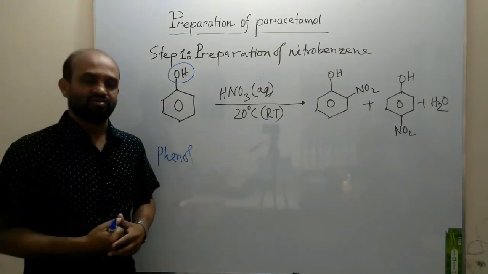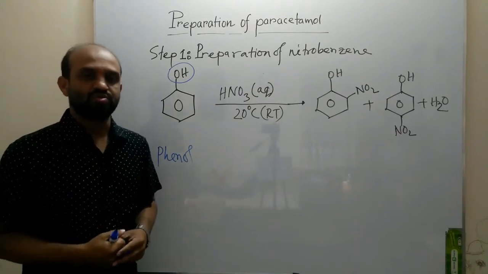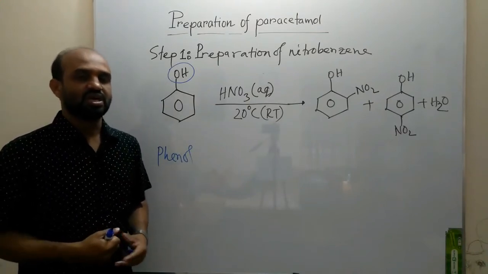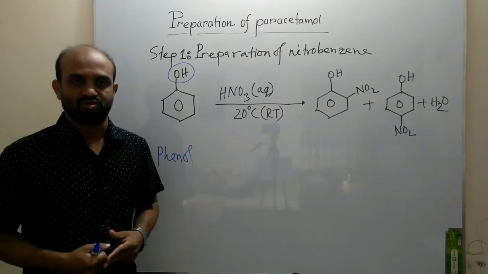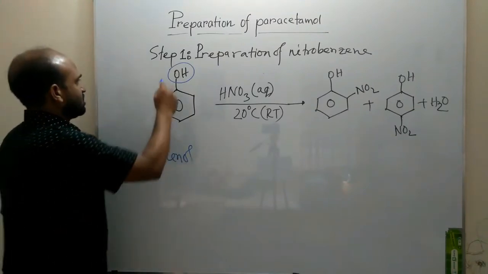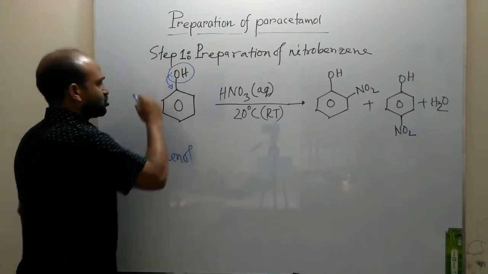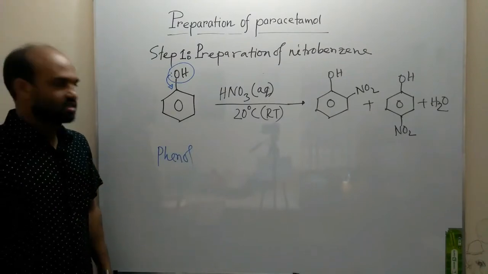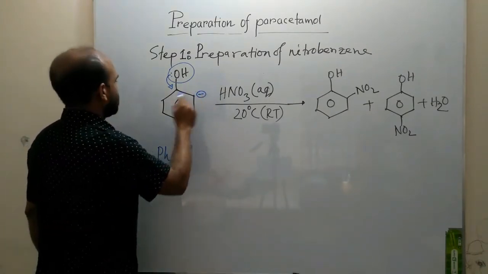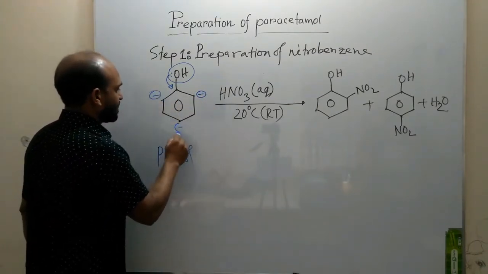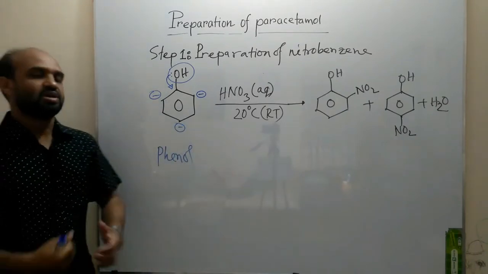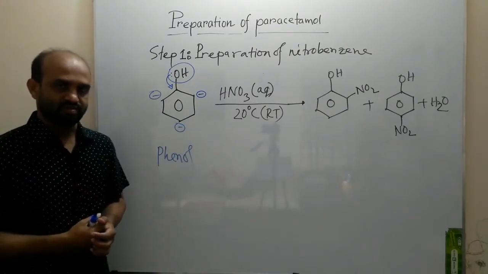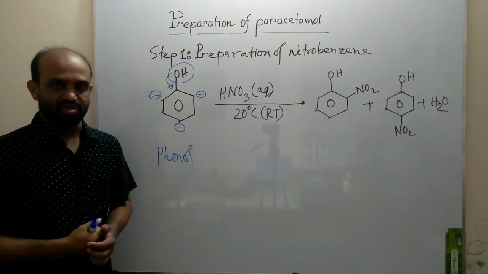That is a kind of electron donating group towards the benzene ring. That means benzene ring activating group. When it donates electrons towards benzene ring, then ortho positions and para position become electronically rich. This is number 1 point.